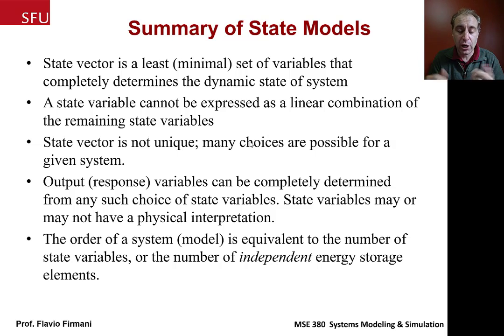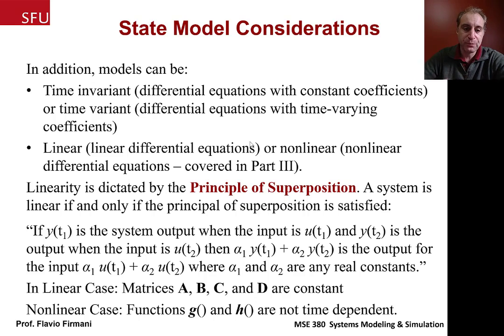Just the way that we're going to reach that is going to be different. And the order of the system is equivalent to the number of state variables, which is the number of independent energy storage elements that we have.